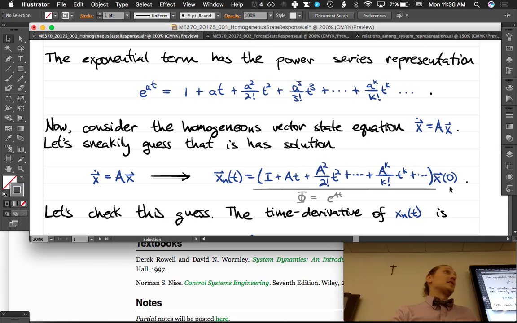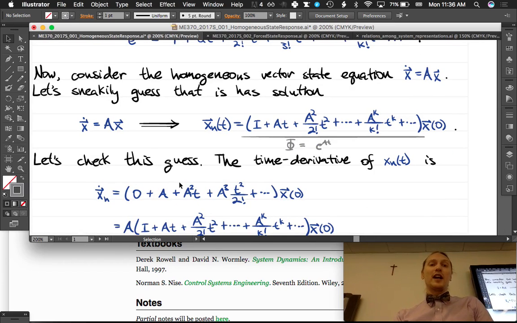Maybe this is a solution. We don't know. But I know, and I'm going to tell you, it works. We're going to check it in a second. We're going to define this to be e to the at, the matrix exponential, which we also call phi, the state transition matrix, which I put in big boxes on the next page. Okay. So let's check this guess.